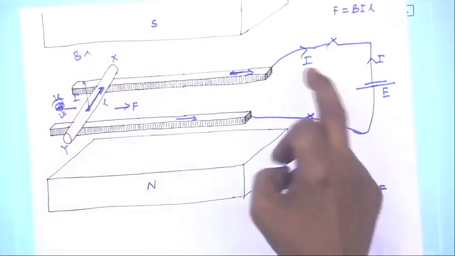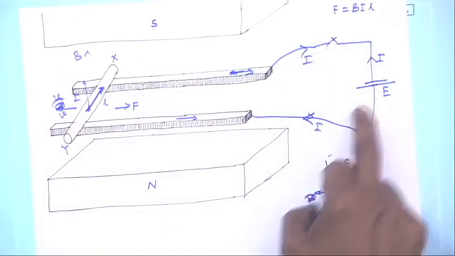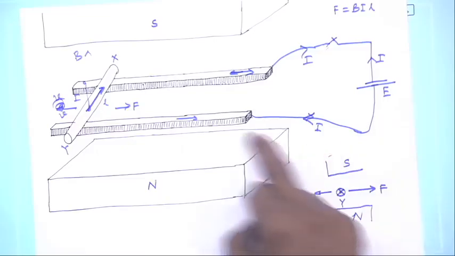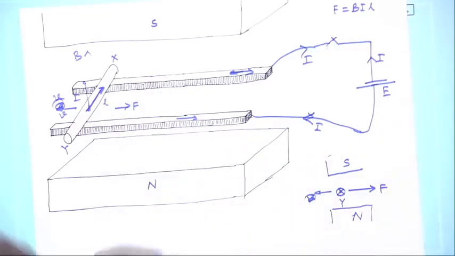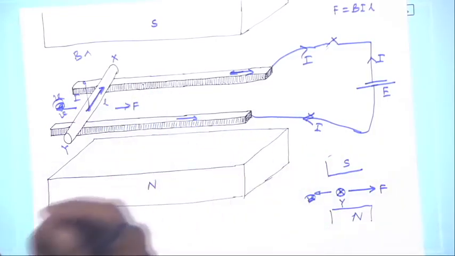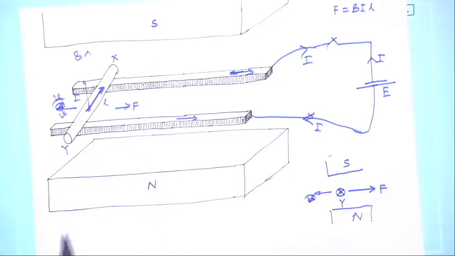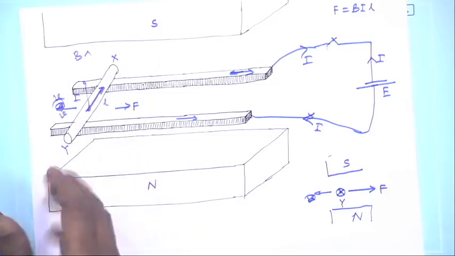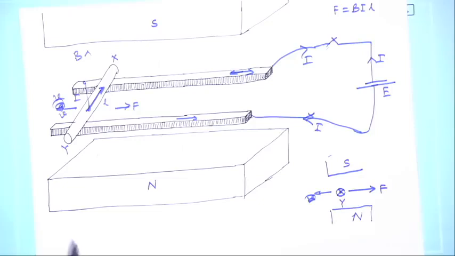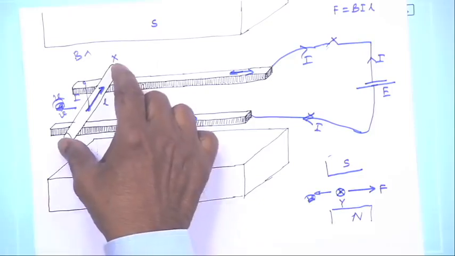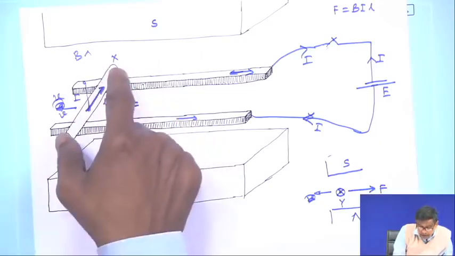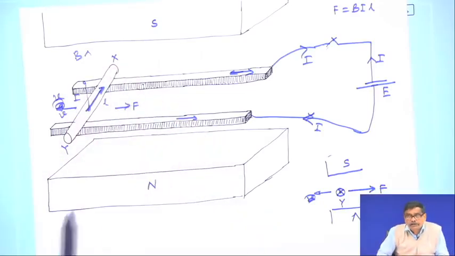Earlier when it was stationary, current in the circuit was E divided by R, whatever is the R. But the moment it starts moving, we just learned that a conductor in motion and placed in a magnetic field must have a generated voltage across x and y between these 2 points, and the value of this voltage is BLV.